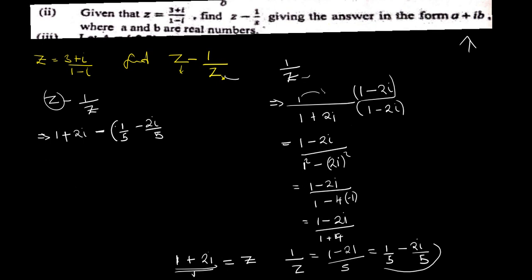That's the value of z here. Then the last 1 over z is this side. So now if we continue like that, that will give us 1 plus 2i like that. Then minus 1 over 5 like that. Then plus 2i over 5 like that. So that is it.